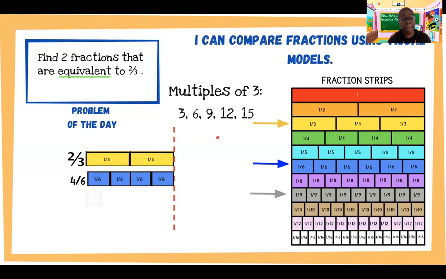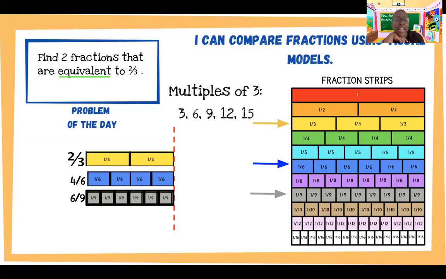Let's try that. 1/9, 2/9, 3/9, 4/9, 5/9, 6/9. It takes 6/9 to reach our line. Therefore, 2/3, 4/6, and 6/9 are all equivalent. Well, that's all our problem asked us to do.